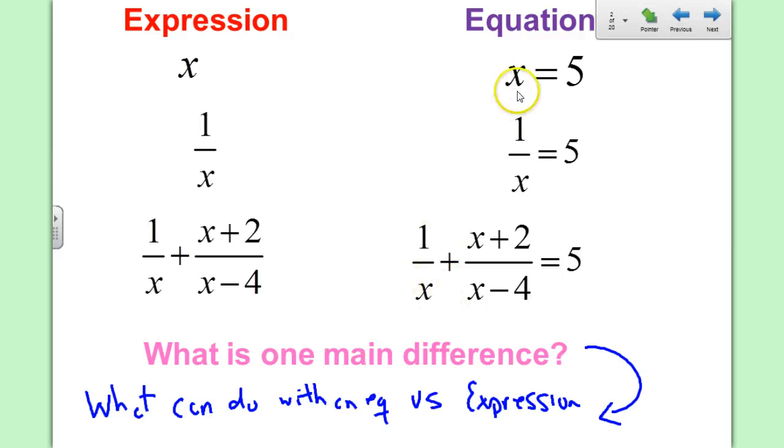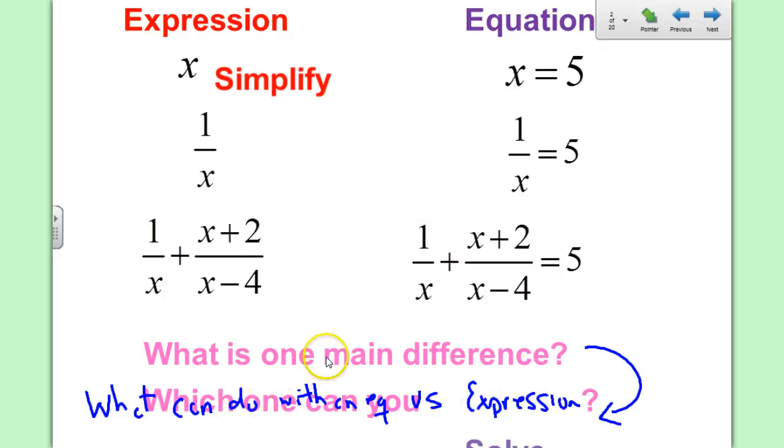There's a difference between these two things and what we're allowed to do, and I want to make sure you're 100% clear. So which one can you simplify and which one can you solve? And what do those words mean? We'll talk more tomorrow.